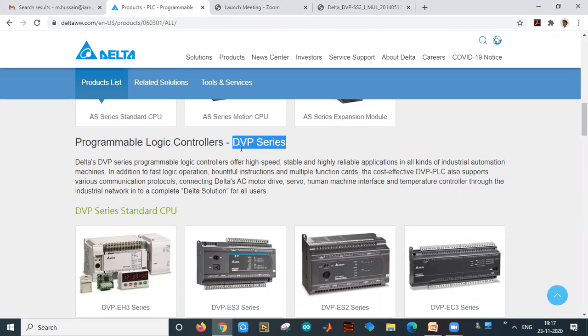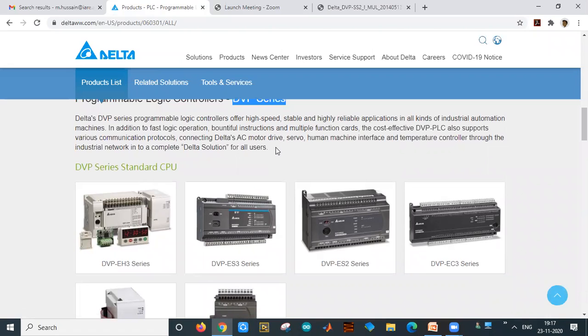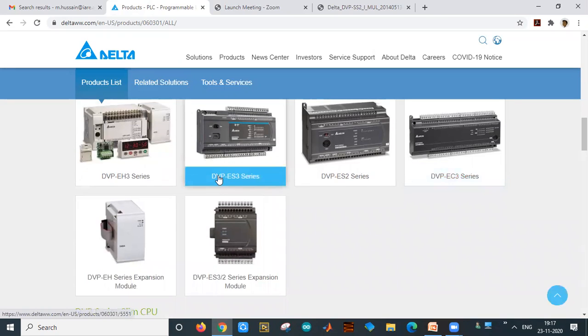Okay, so under this DVP series PLC also you have different model numbers. Okay, so DVP EH3, DVP ES2, DVP EC3. So like this you have different model numbers. Under DVP series also you will have EH3 series, ES3 series, ES2 series, right?